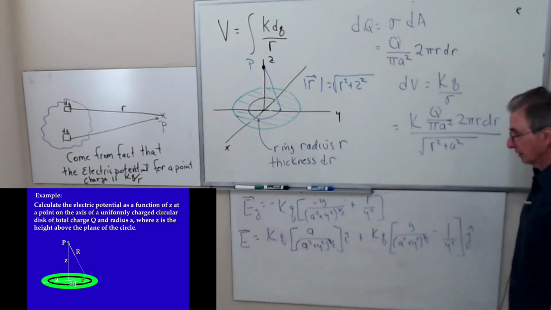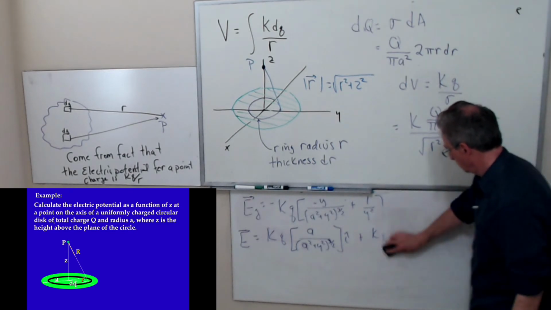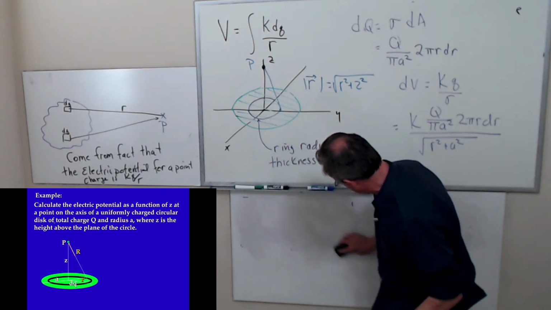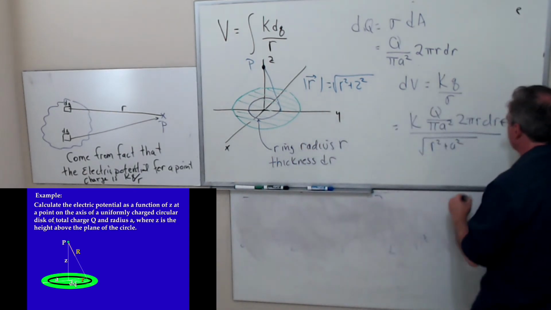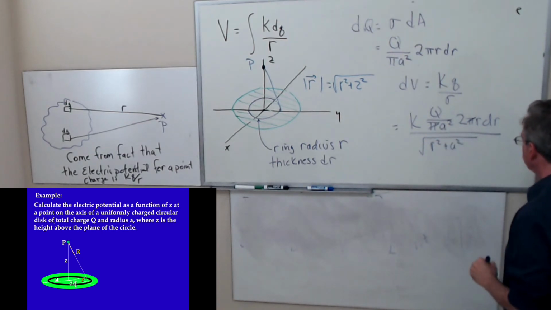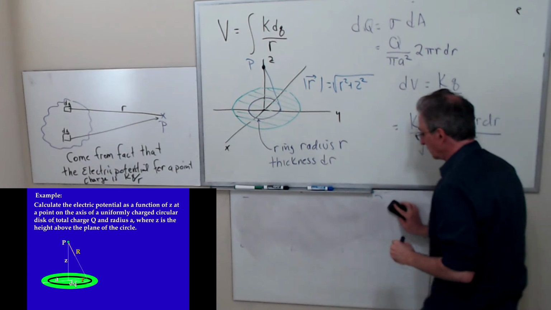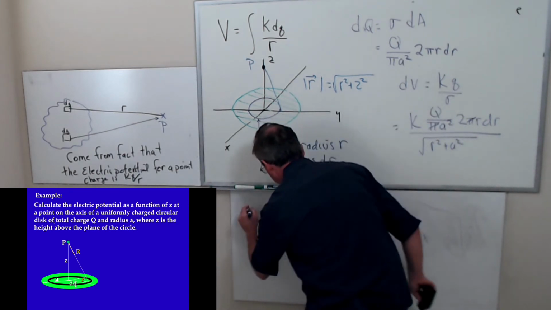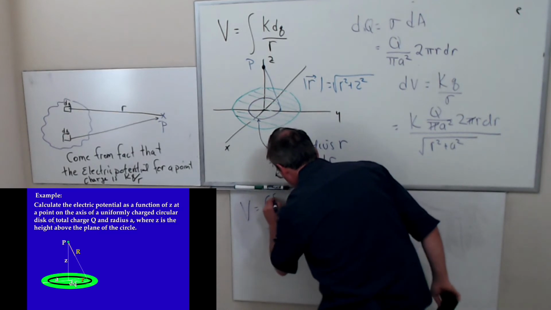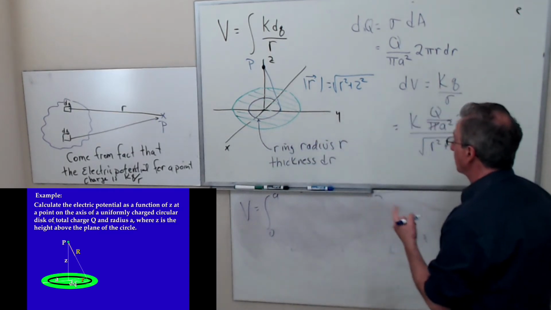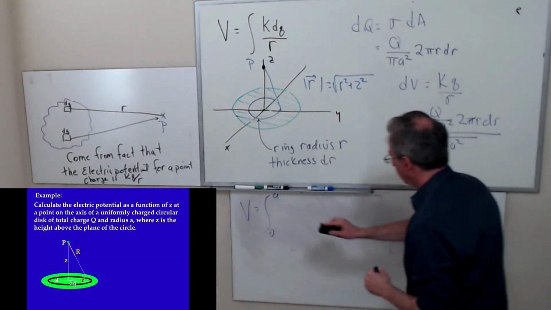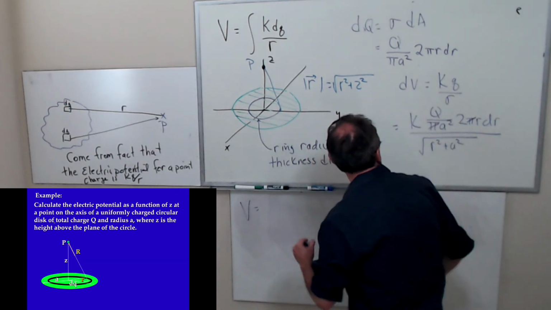And then I integrate. You might want to cancel out some stuff before you integrate, because we have the ability to cancel stuff, so I can get rid of a pi there. So before I integrate, I integrate over all the rings that make up this thing.